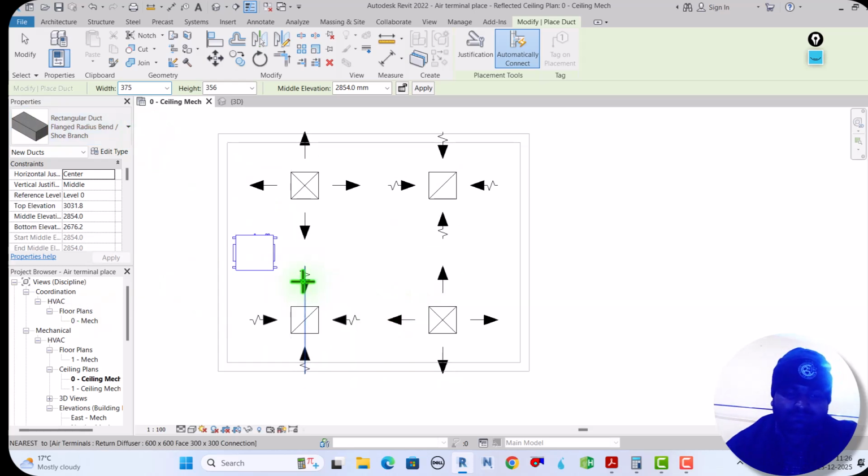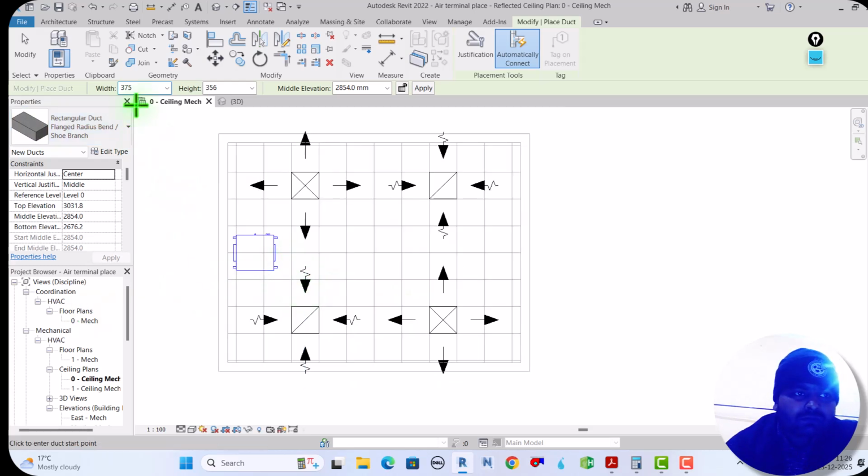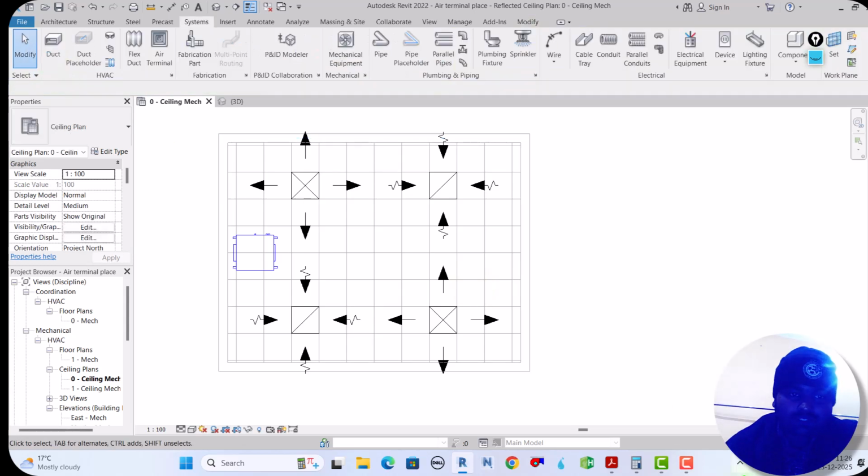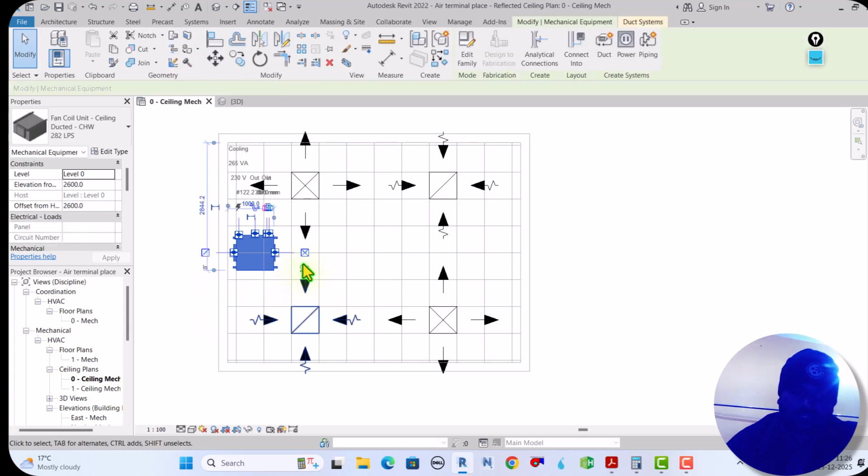Suppose this is the FCU, and how many liters? 200. The main duct is 217 liters. So I have to size the duct.